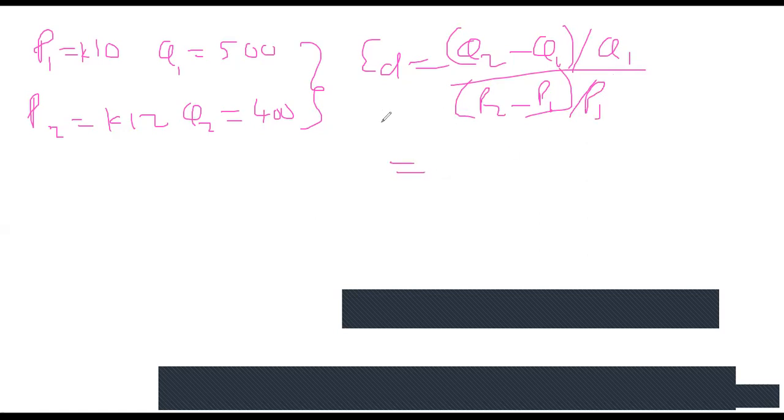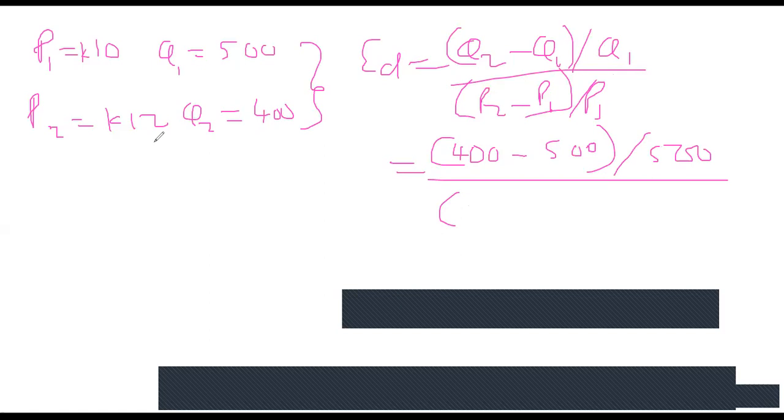So what is our Q2? 400 minus what? 500. Are you sure? 400 minus 500, divided by 500, will be equal to P2, 12 minus what? 10, divided by 10.